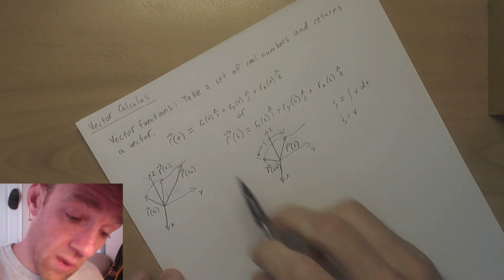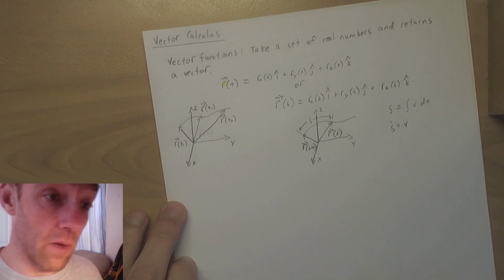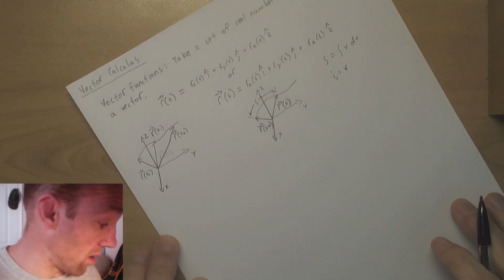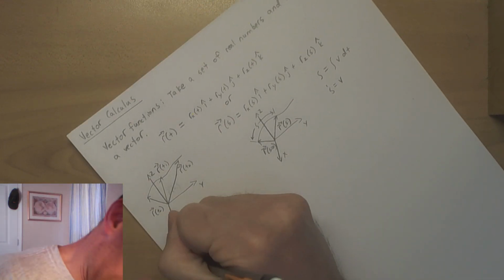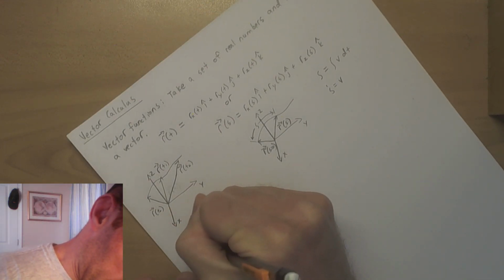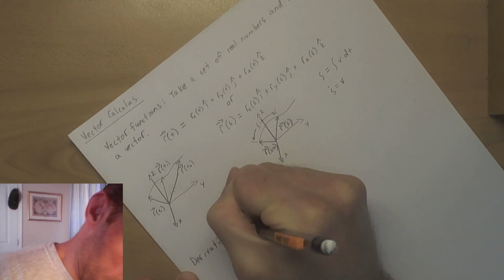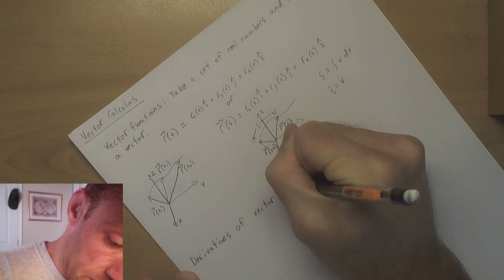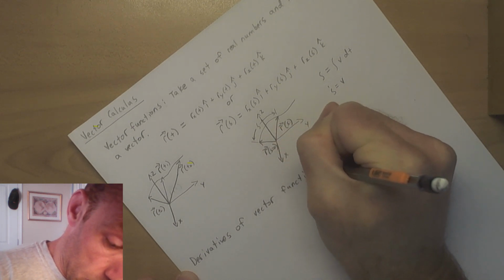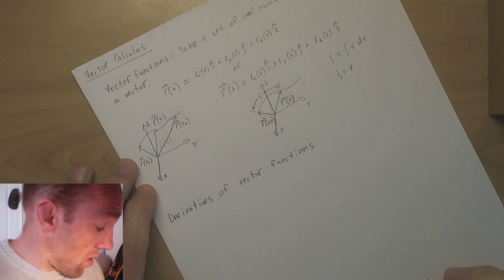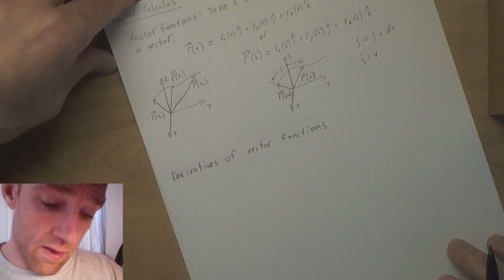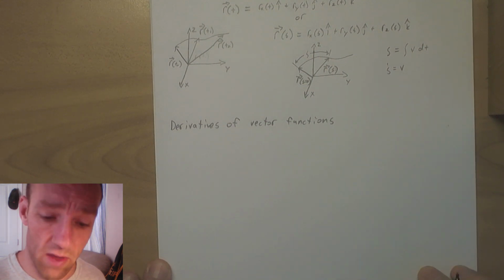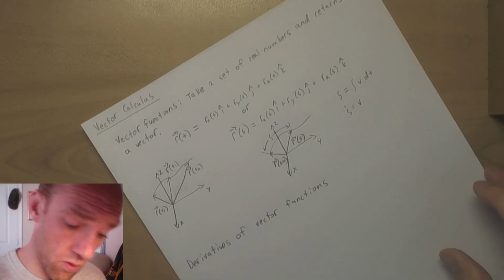So now that we have a vector valued function, what we're going to be doing in this course is taking their derivatives quite a bit. It follows very closely the definition of derivatives with scalar functions that you're used to.